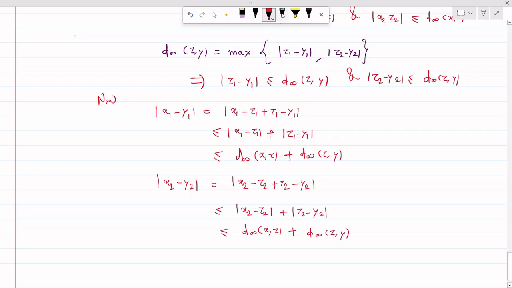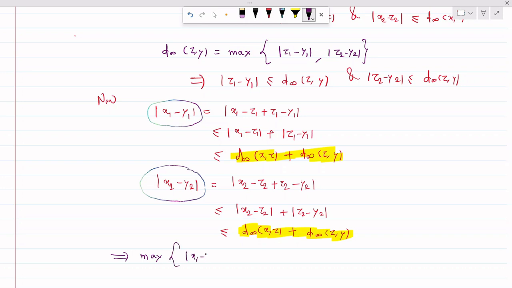Now what can we observe? Both of these numbers are less equal this common number, d infinity of x comma z plus d infinity of z comma y. So obviously their maximum is going to be less equal this common number. What this implies now is that the maximum of mod of x1 minus y1 comma mod of x2 minus y2 is going to be less equal d infinity of x comma z plus d infinity of z comma y.